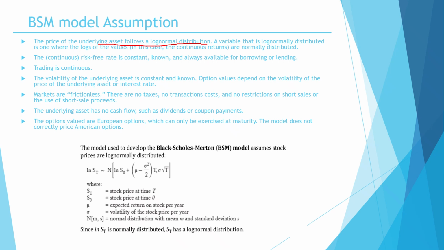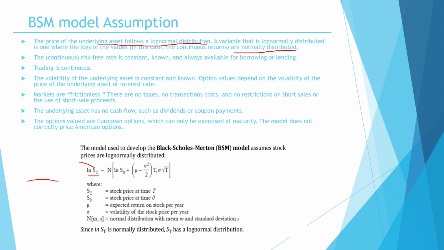So the variable that is log normally distributed is the one where the log of the values in that case are normally distributed. Okay, so what we are saying is that if St is following the behavior of log normal, then ln of St is following the normal distribution.